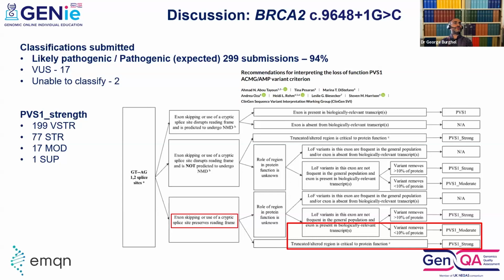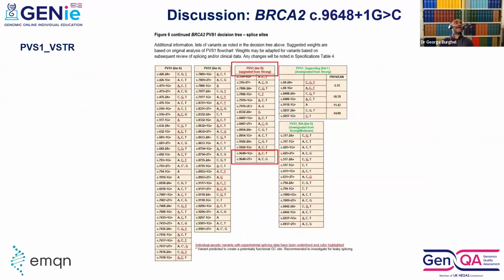However, if you go to the next slide, please, within the ENIGMA guidance, if you haven't used this before, they provide a very nice table, and they do provide a very nice BRCA1, BRCA2 specific PVS1 schematic.